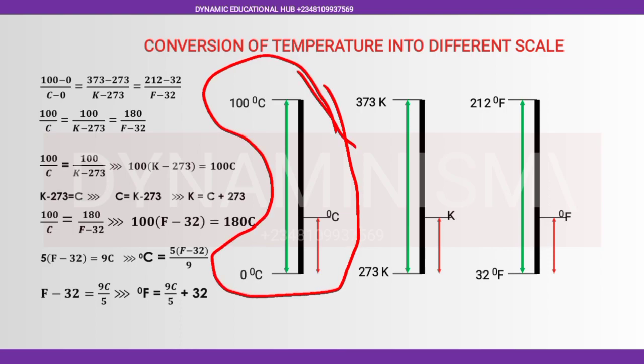It is very simple. You have your upper fixed point here, you have your lower fixed point here, and you have a temperature measurement in Celsius. Just compare and contrast.